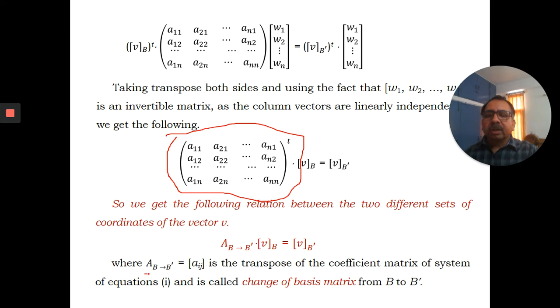So the matrix A, B, B dash is equal to Aij, the transpose of the coefficient matrix of the system of equations 1. Remember that in the system of equations 1 we wrote the elements of one basis with respect to the elements of another basis as a linear combination. The transpose of that coefficient matrix is this Aij.